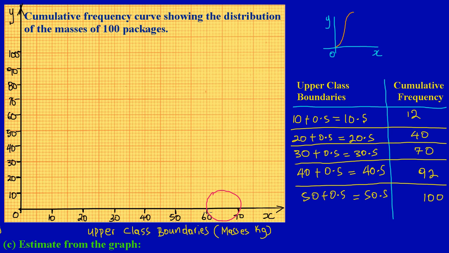To move from 60 to reach 70, you have 1, 2, 3, 4, 5, 6, 7, 8, 9, 10. You have 10 little bars that fall in between 60 and 70.